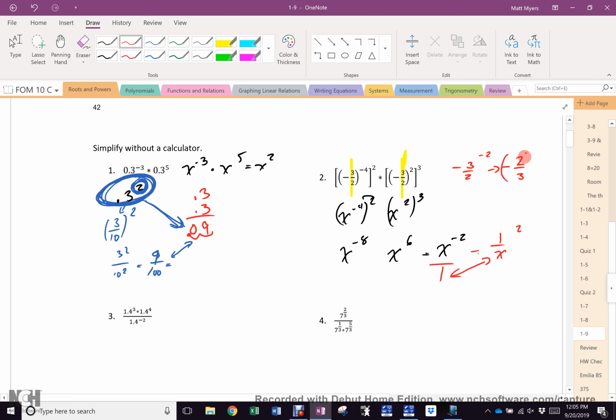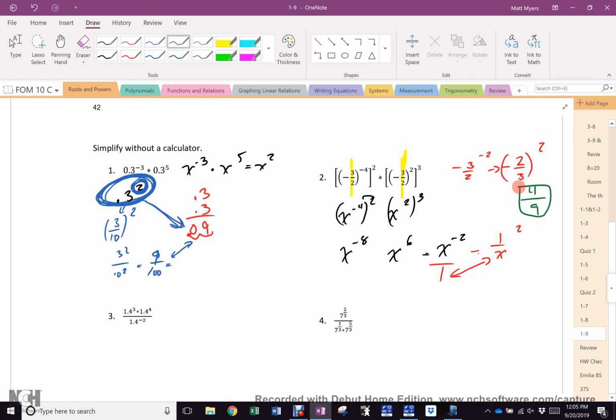Yes. Does this negative stay there? No. What is negative 2 squared? Positive 4. And what is 3 squared? 9. And I'd be done. Does everybody see what I'm saying? It doesn't matter how yucky it looks. We always know what to do, right?